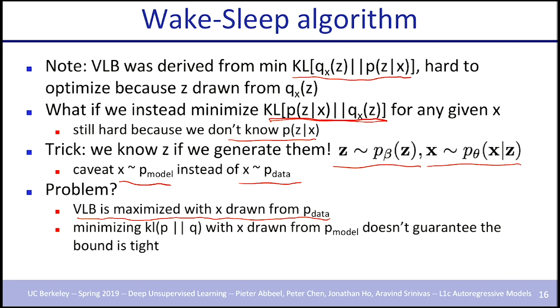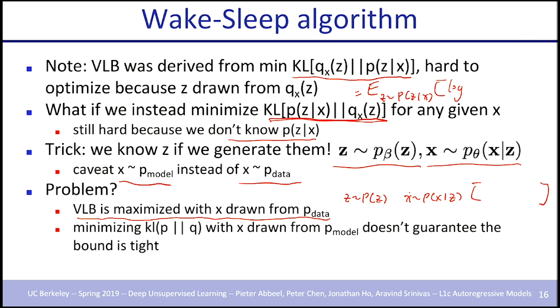Yeah, so the reverse KL is Z drawn from P of Z given X. Right, so if we draw from the prior, and then we draw X from P of X given Z. And then now, at this point, you can plug in this part of the KL divergence.